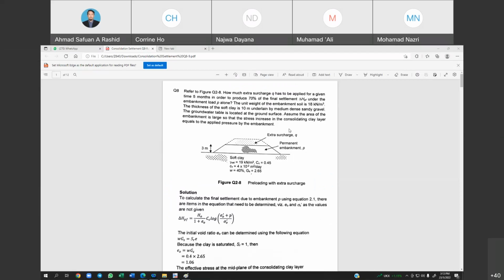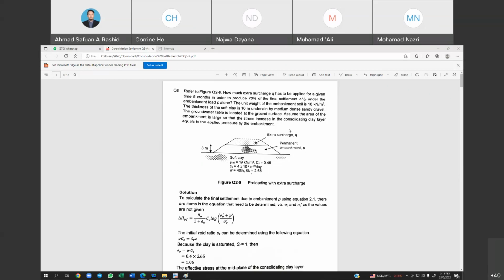Refer to figure 2.8. How much extra surcharge Q has to be applied for a given time of 5 months in order to produce 70% of the final settlement under the embankment load alone?